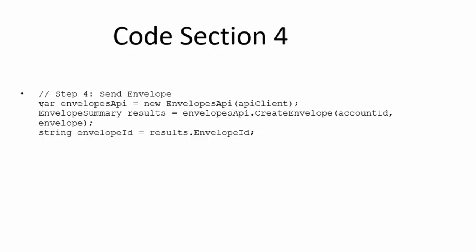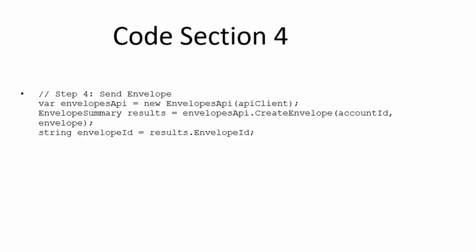Okay, now as we have already created the envelope definition and defined our signer, we will call the envelope API of DocuSign with the API client we have created, and in return we will receive an envelope ID. So what we have done here is envelope summary result equal to envelopes API dot create envelope. This create envelope method is the main method which creates the envelope and sends an email to the recipient.